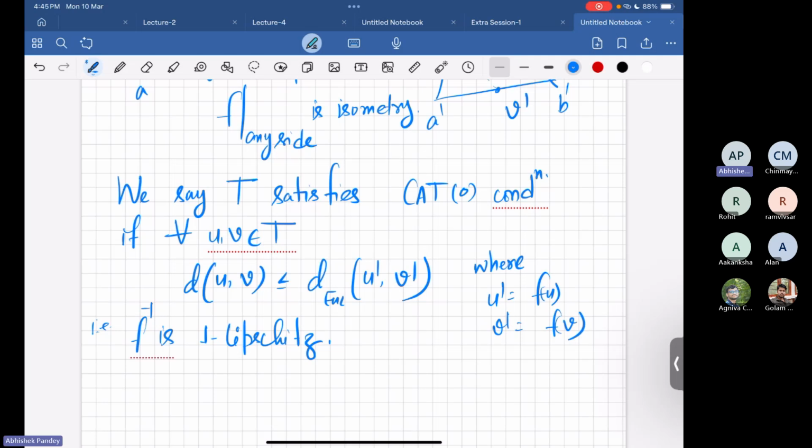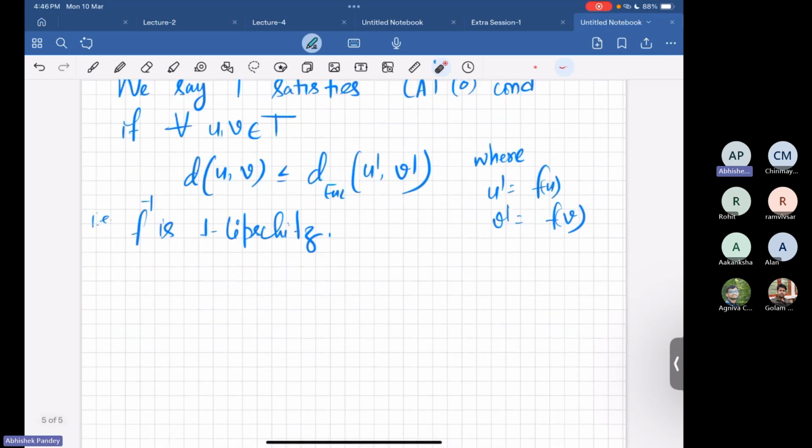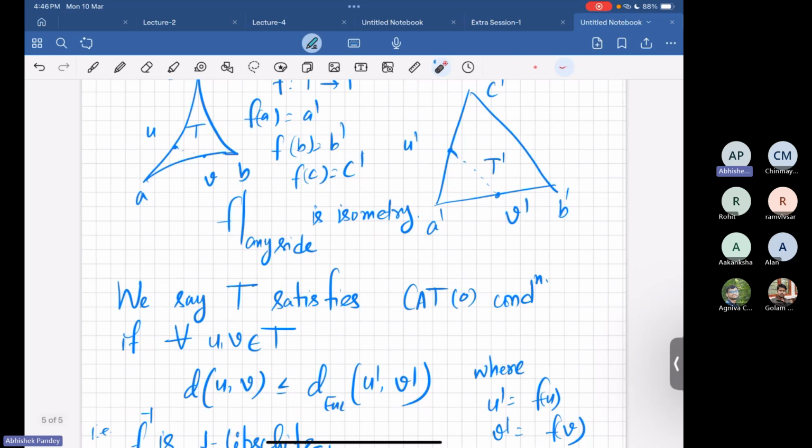Okay, so the CAT(0) definition is just comparing the geodesic triangle in the metric space which we are talking about to the triangle in Euclidean space. Once that comparison satisfies this condition, we say that the metric space satisfies the CAT(0) condition. Here our model space is Euclidean space, which has curvature 0.